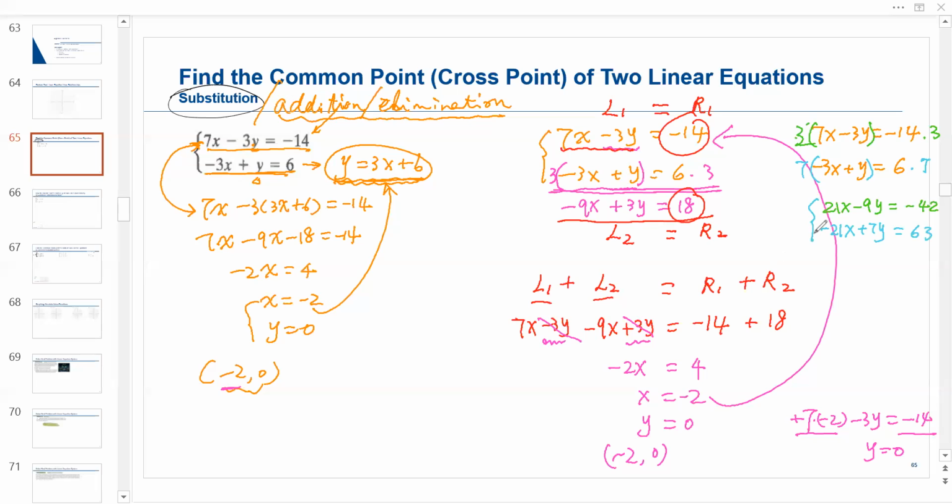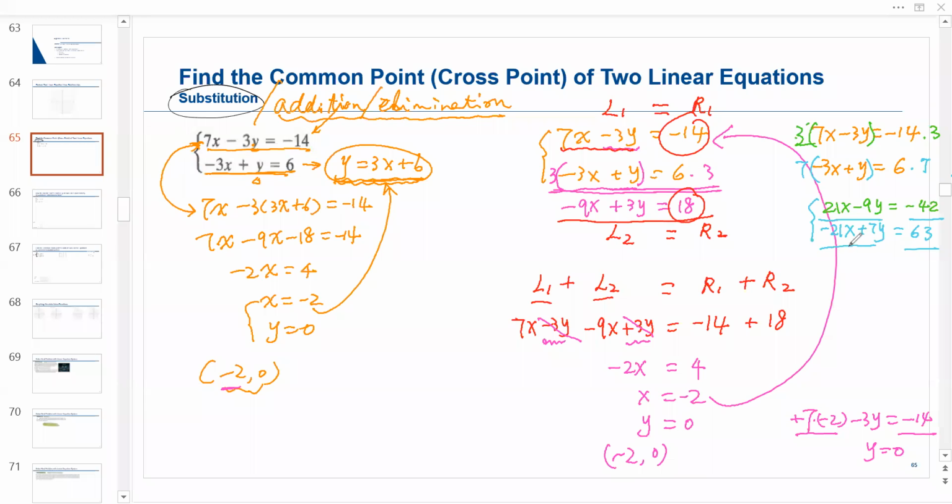So you can see what kind of transformation here. Here became 21x minus 9y equal negative 42. And the other one is both sides times 7, so it changes into this. What is the objective here? This is left 1, right 1, left 2, right 2, right?